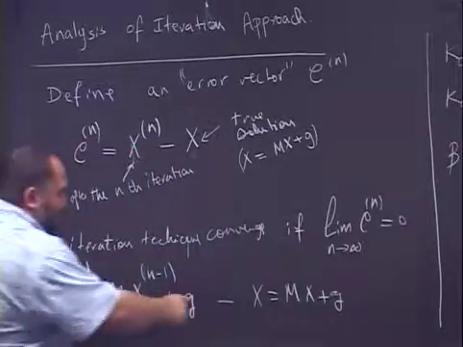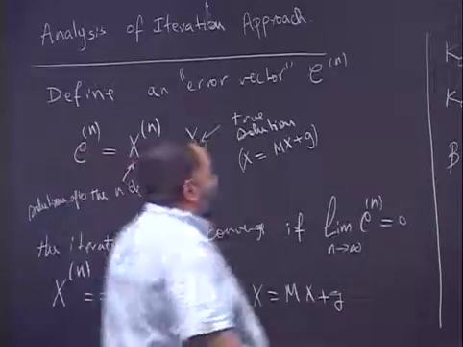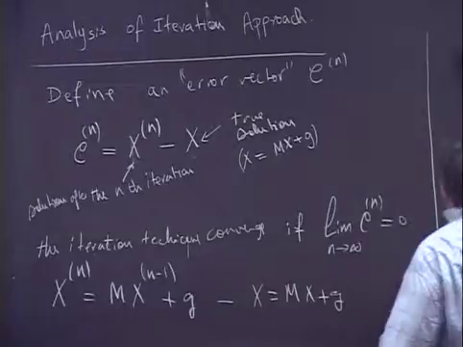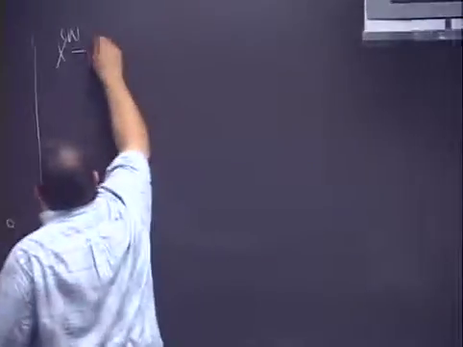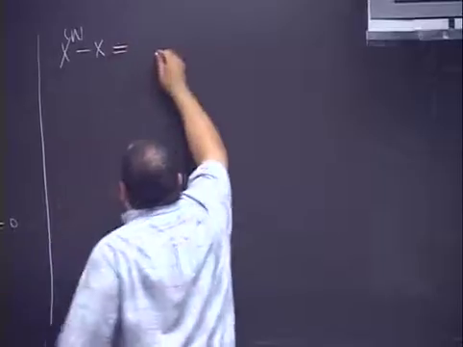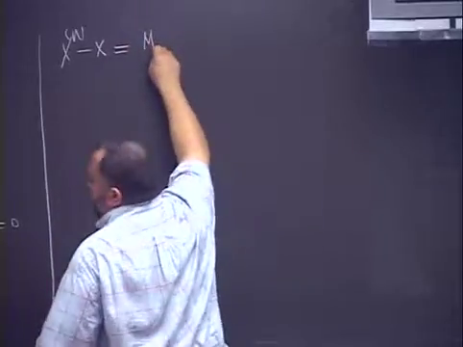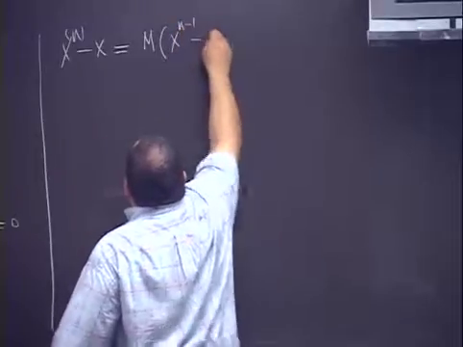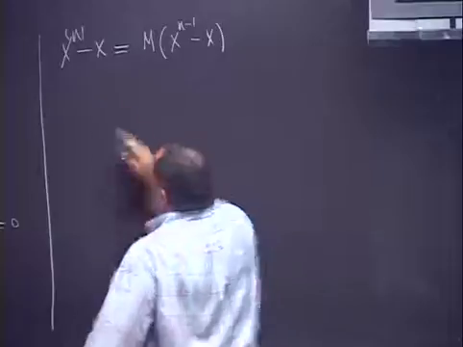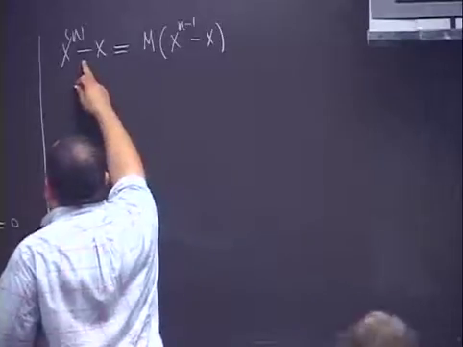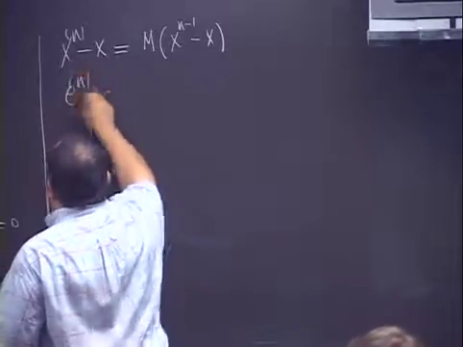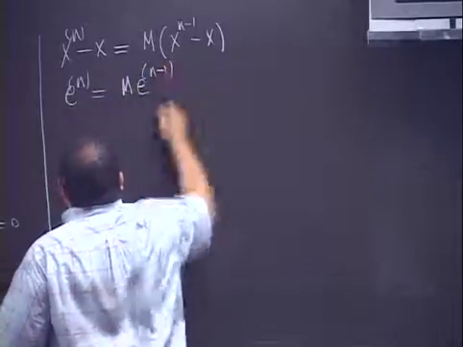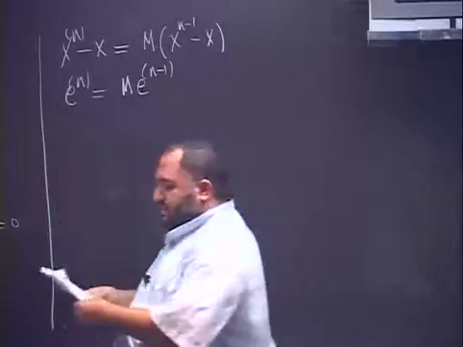So when we subtract those two equations from each other, we will get what? We get Xn minus X equal to M multiplied by what? X(n minus 1) minus X. So what's this? The error after the nth iteration equals M multiplied by the error after the (n minus 1)th iteration.